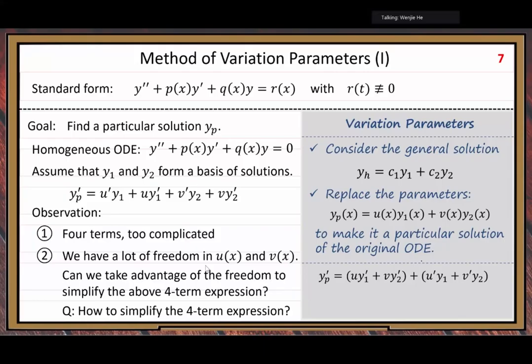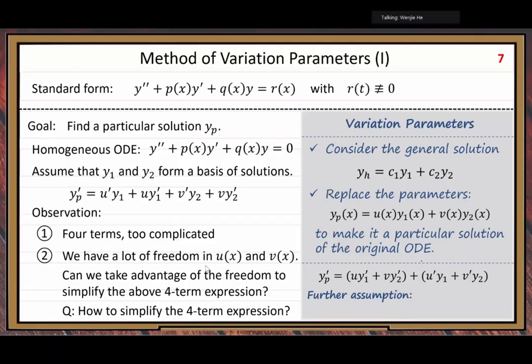In problem solving, grouping is a very important manipulation method. When you do appropriate grouping, you can explore some interesting properties. Here, let's do grouping in this way: u y1 prime, v y2 prime, u prime y1, and v prime y2.